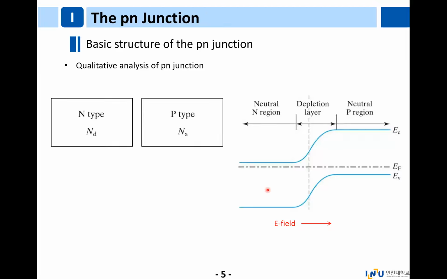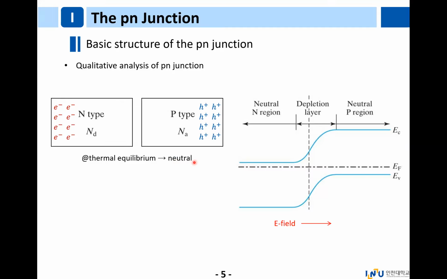On the left, we have an n-type semiconductor where electrons, the major carriers, are abundant due to donor doping. In thermal equilibrium, this n-type semiconductor is neutral. Similarly, the p-type on the right, containing holes and acceptor ions, maintains neutrality.